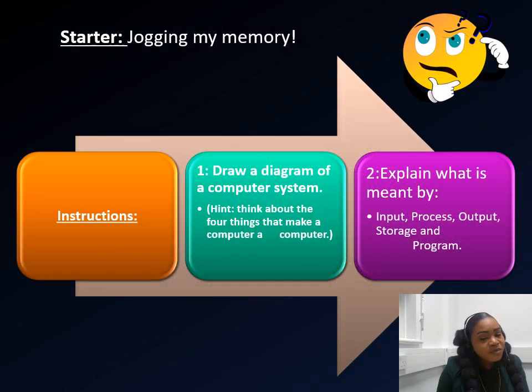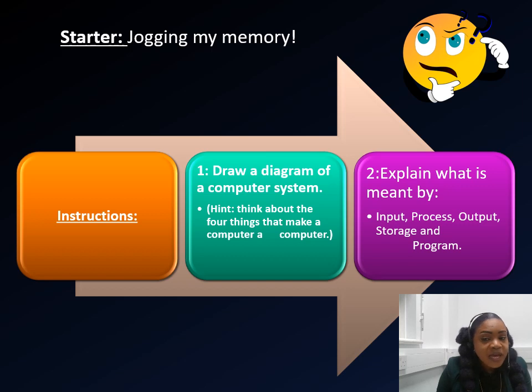Let's jog our memories. For this section, please don't forget to pause the video and write the answers in your books. The instructions are: 1. Draw a diagram of a computer system. Hint, think about the four things that make a computer. 2.